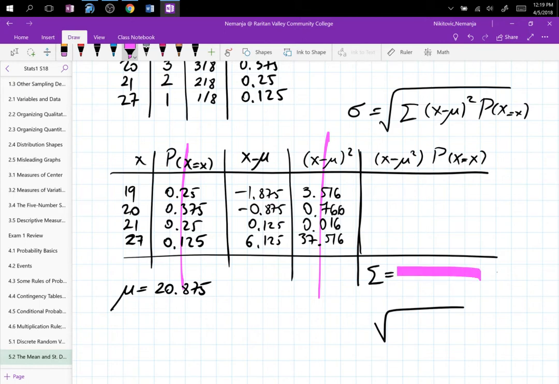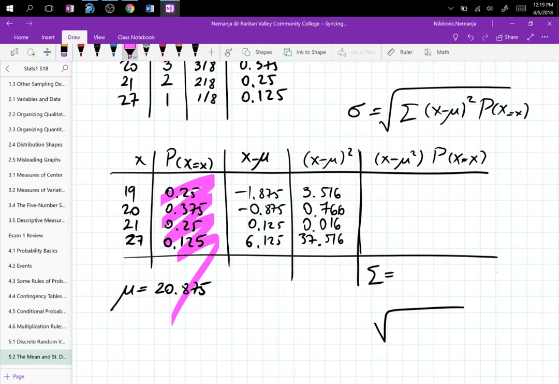We come up with a total number when you add, and that number goes in the square root, and that's the standard deviation. So I am multiplying this with this, because that's the next step. I have 0.25 times 3.516, which gets me 0.879.